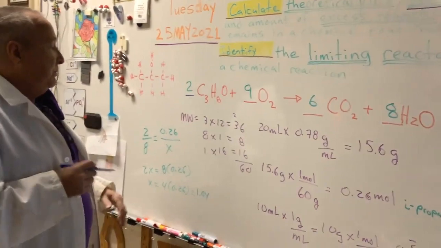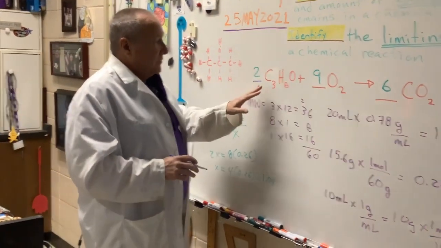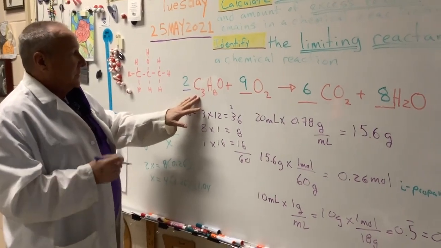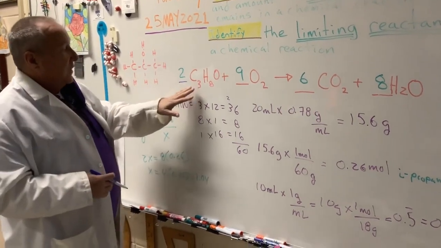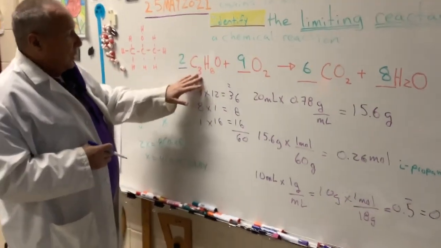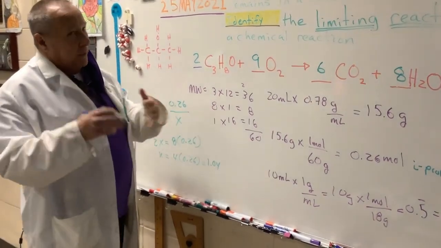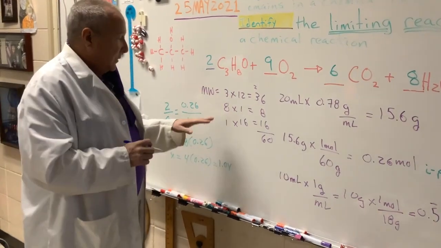So if you look at the formula mass or molecular mass of isopropanol, there's 3 carbons, they're 12 each, 12.0017 or something.